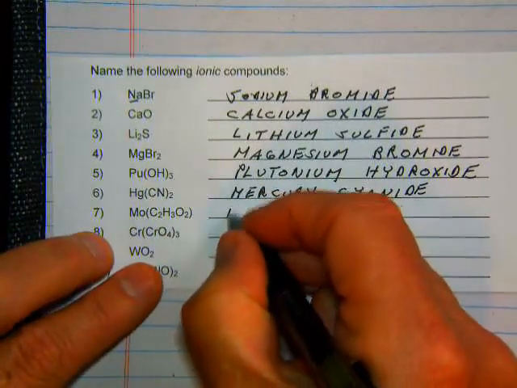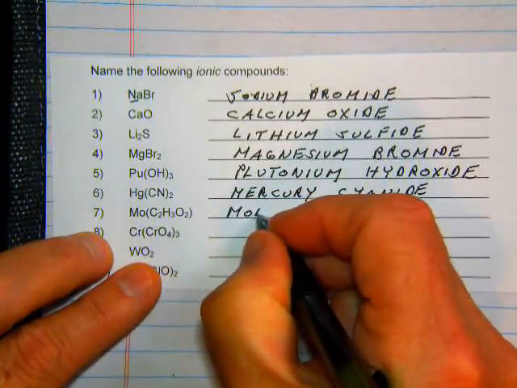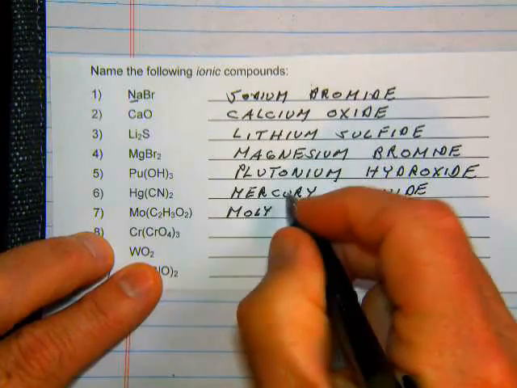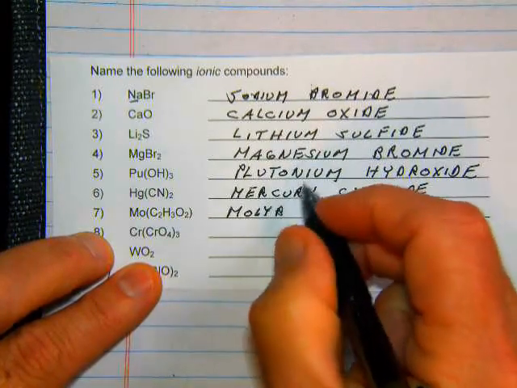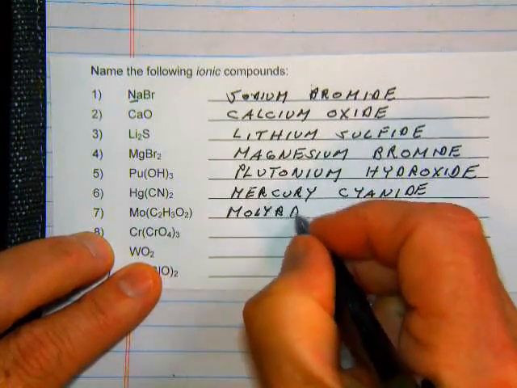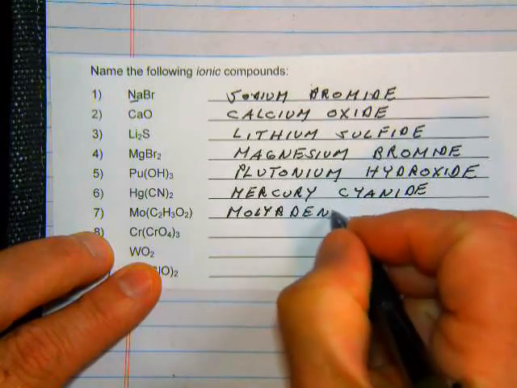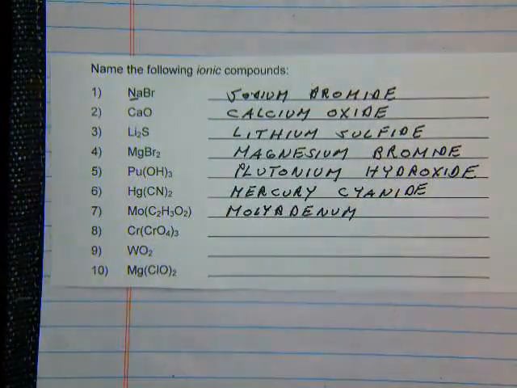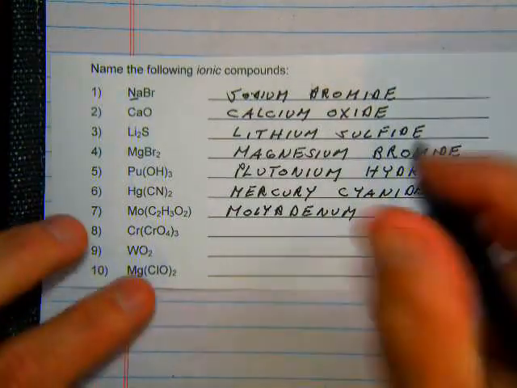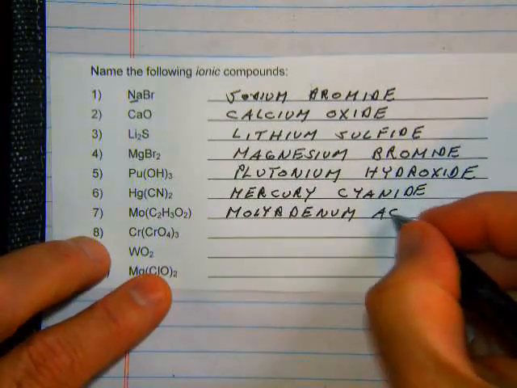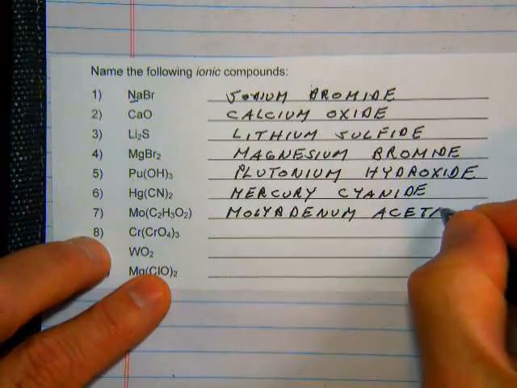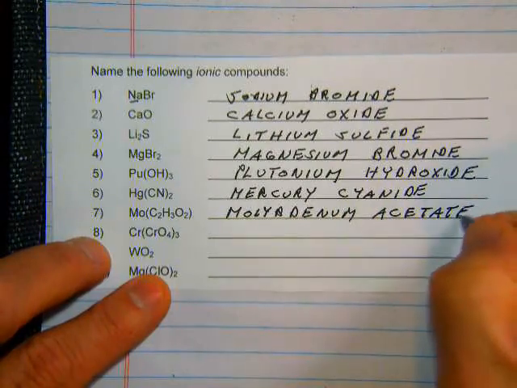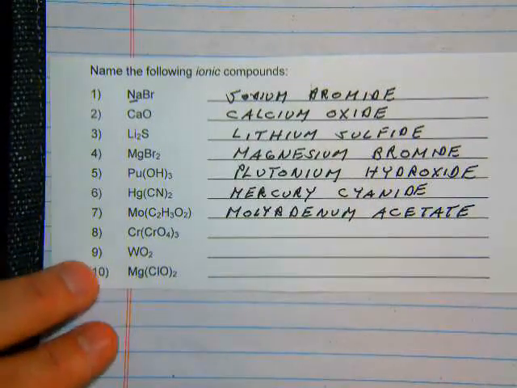Let's see if I can spell this right. Molybdenum. And C2H3O2 is the polyatomic ion acetate. Again, probably a compound you wouldn't see a whole lot of.